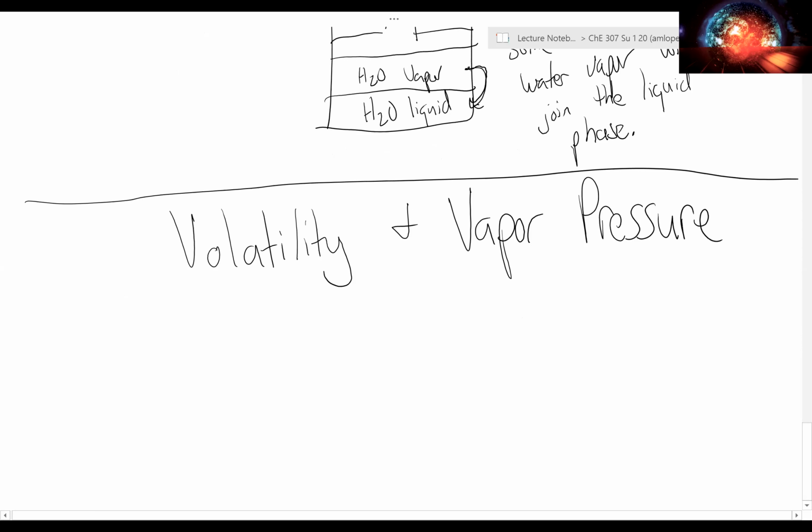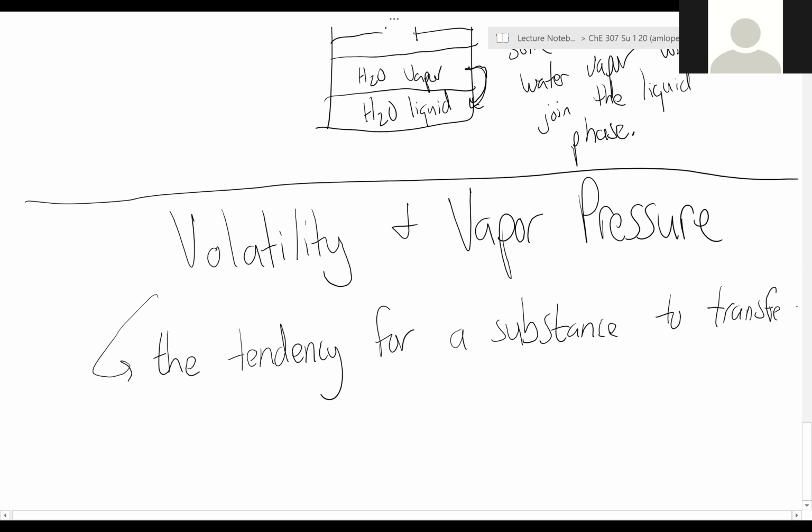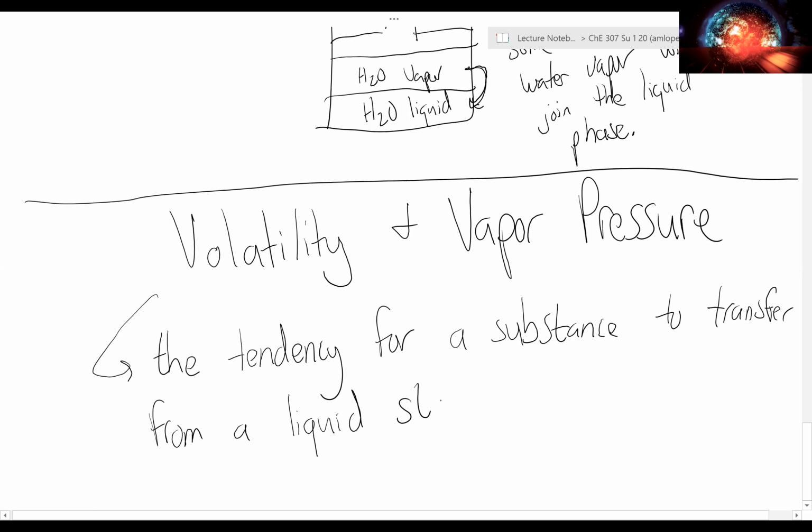So volatility, simply defined, is the tendency for a substance to transfer from a liquid state to a vapor state.